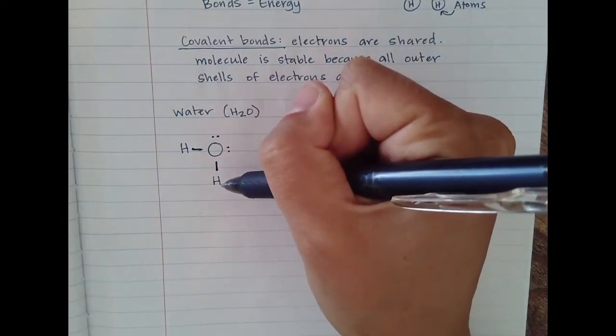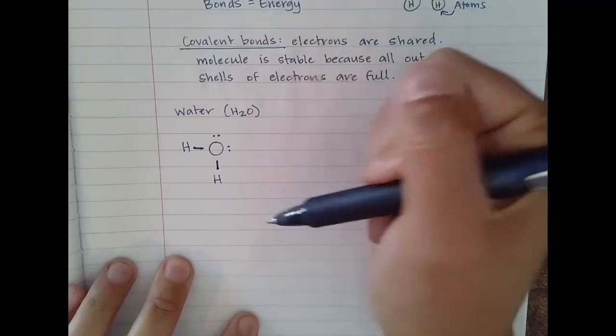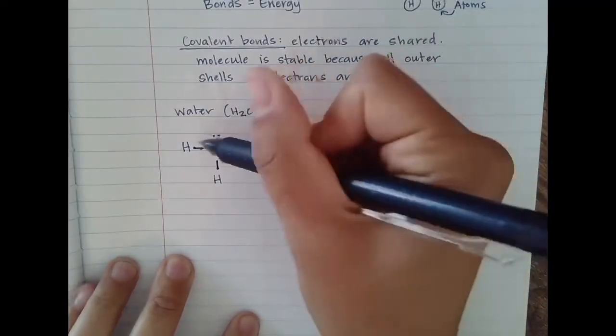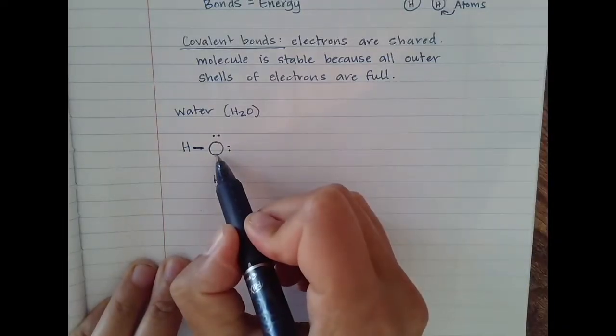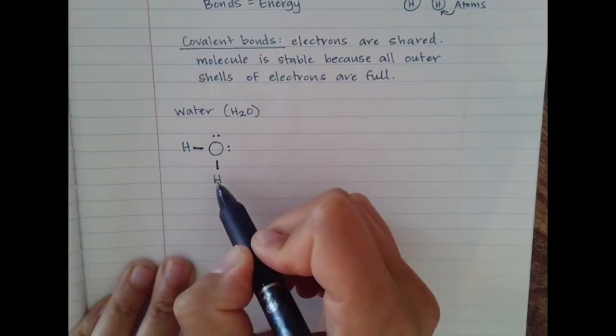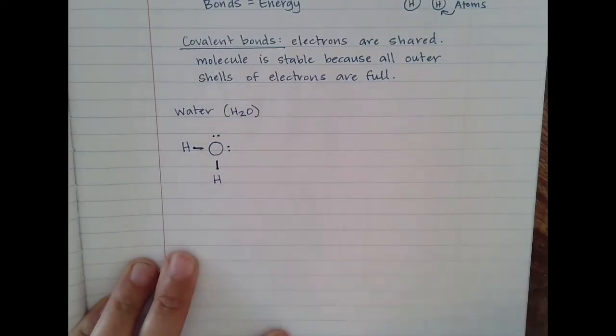Because it's in the first row, it can only have 2 electrons total in that outer shell. Because it has this bond, it is sharing those 2 electrons. Its outer shell is also full. So this whole molecule now is stable because everything has full outer shells of electrons. Because oxygen has 2 spaces in its Lewis diagram, that tells you that it is going to form 2 bonds.